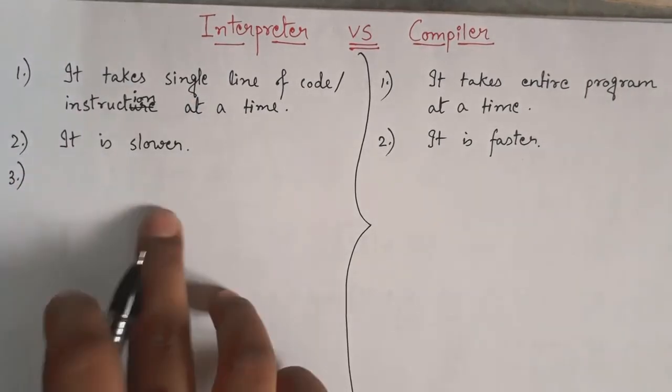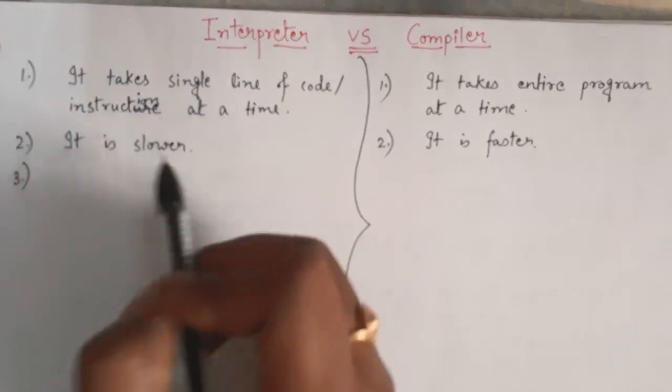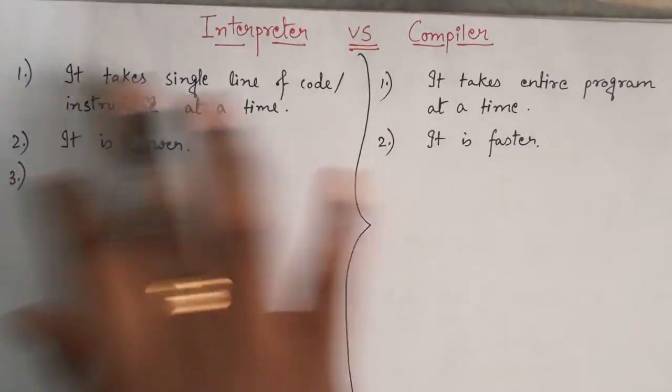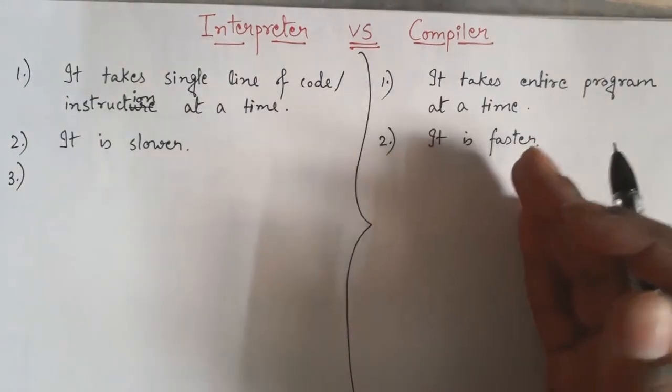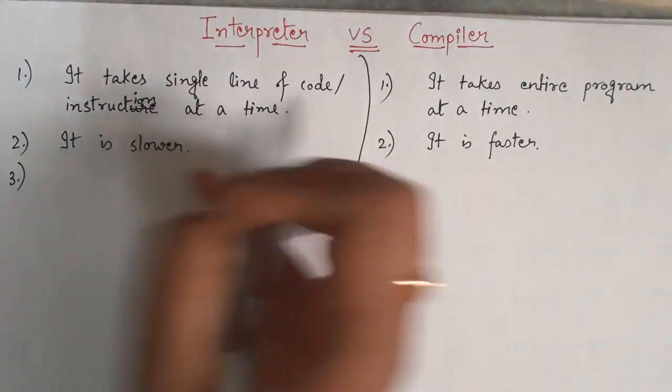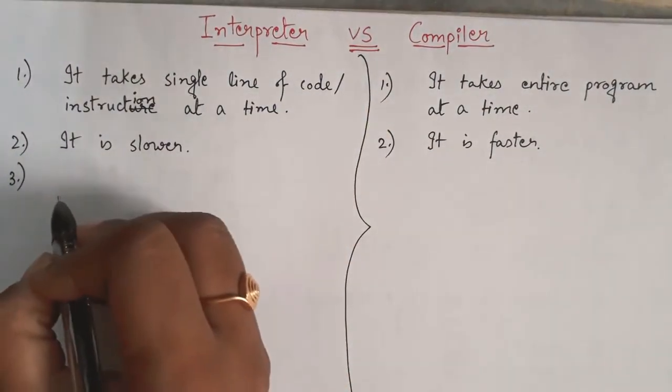Then in the third point, interpreter does not produce any intermediate object code, whereas compiler does generate intermediate object code. Let me write it down here for you.